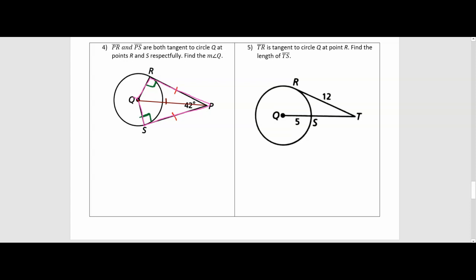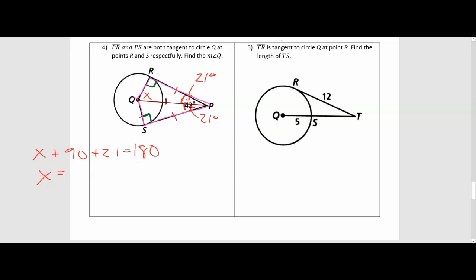So if they are congruent triangles, they both have a 90-degree angle. We know that both of these angles right here must add to 42, but since they're congruent triangles, both of these angles will just be 21 degrees, half of 42. So you could then find, I'll just call this x, 1/2 of Q. So I could have x plus 90 plus 21 equals 180.